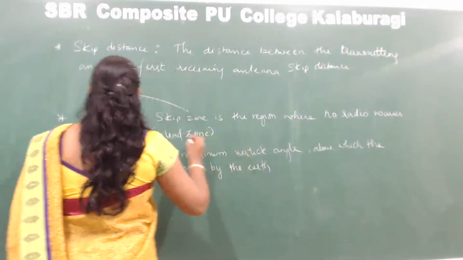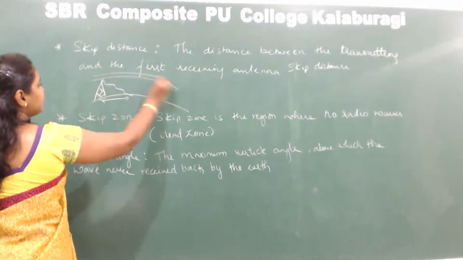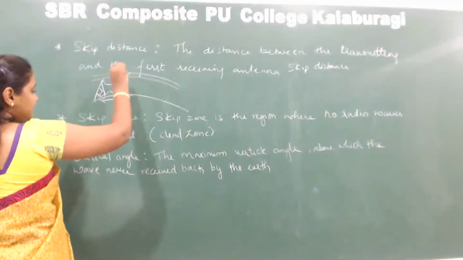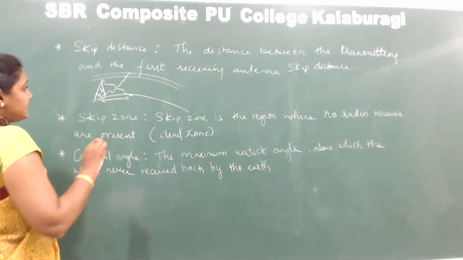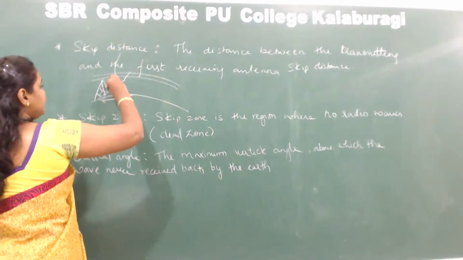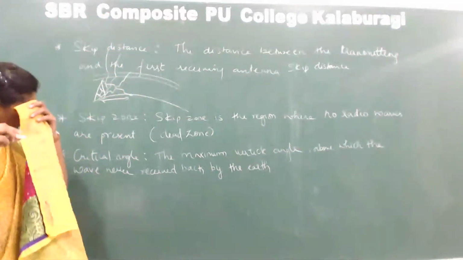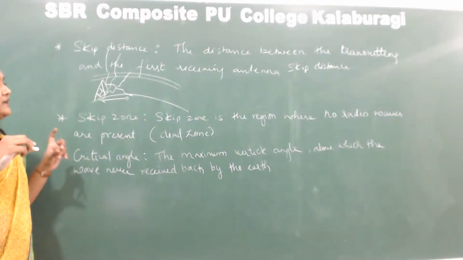So if the ionosphere is receiving a signal, it is the maximum vertical angle at which it can send. Beyond that it will simply be lost in the ionosphere.